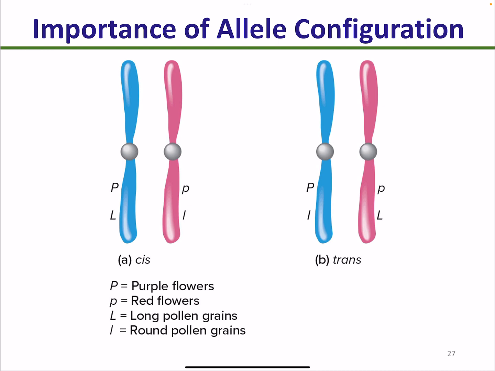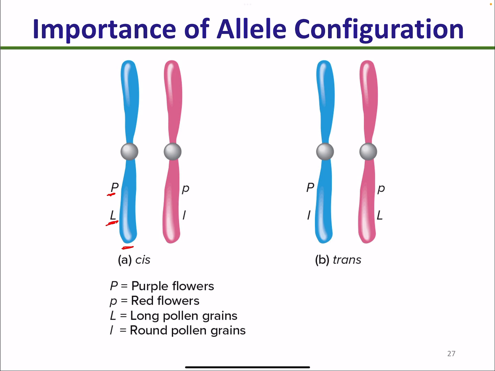Genes can appear on chromosomes in two manners. One is that the chromosome you receive from dad has the gene here with the dominant allele and the gene here with the dominant allele, so purple flower and long pollen grain.